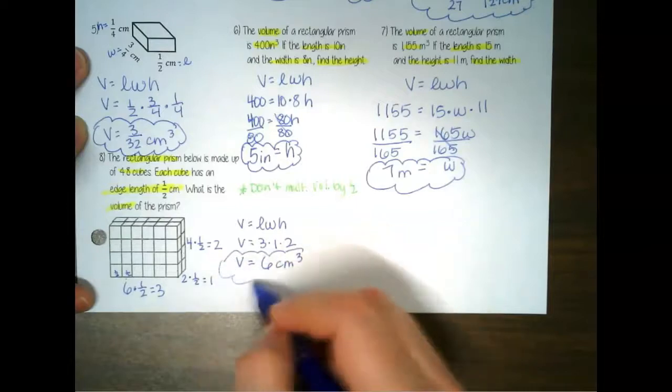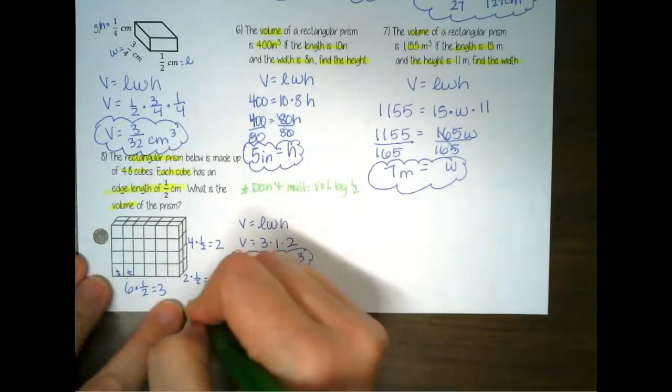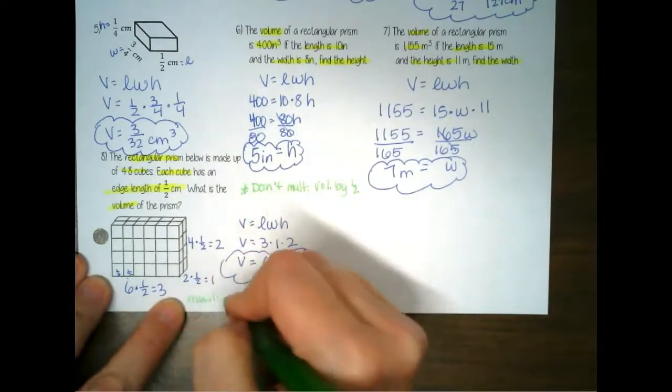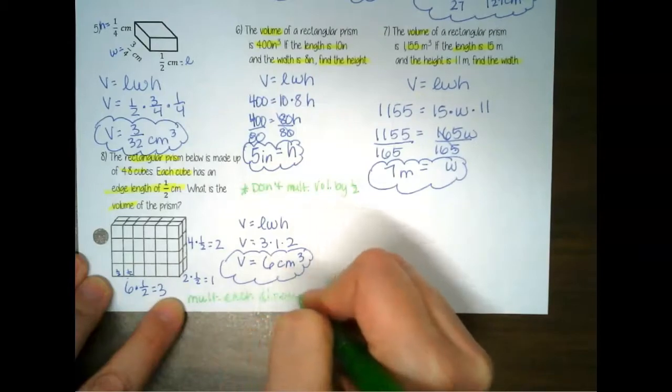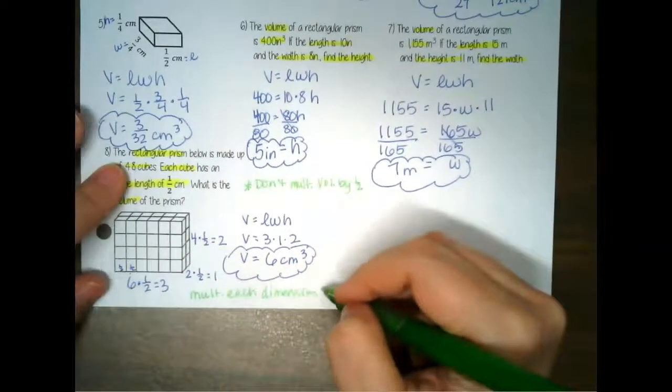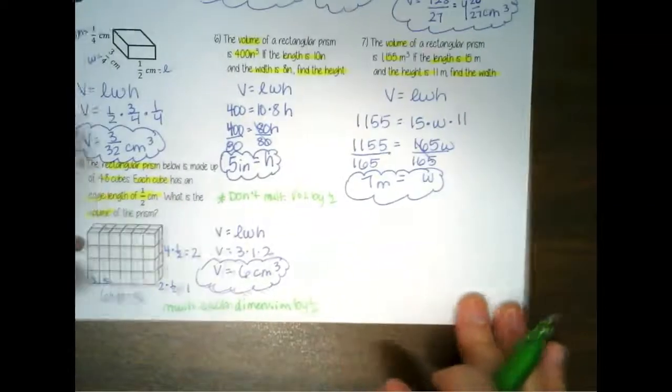This is not the only way to do it, but that is one method. So I'm going to show you another method. And you may like it. If you do, use it. If not, this one will work. So what we did was we multiply each dimension by a half. Okay, we know that works.